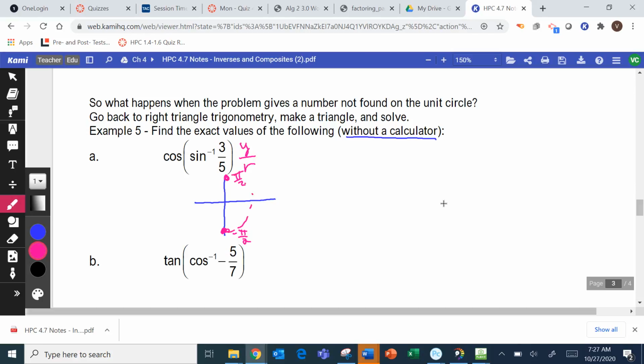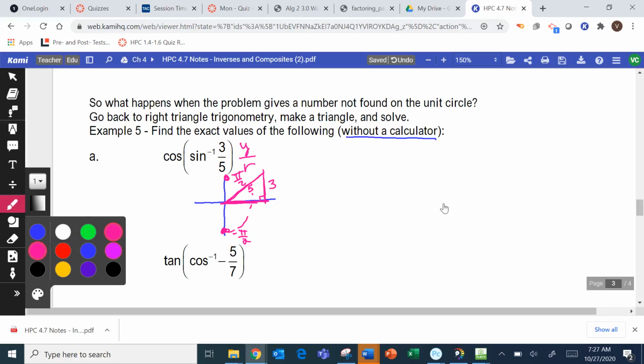So this is a positive, so we will be in the first quadrant, and y will be 3, and my radius will be 5. So my theta is located here.